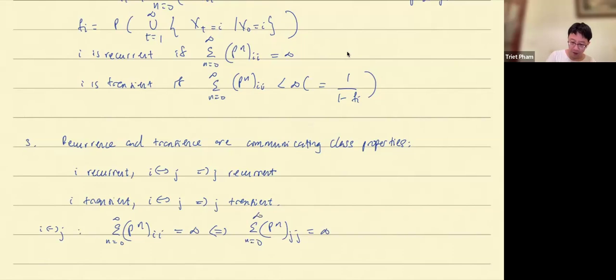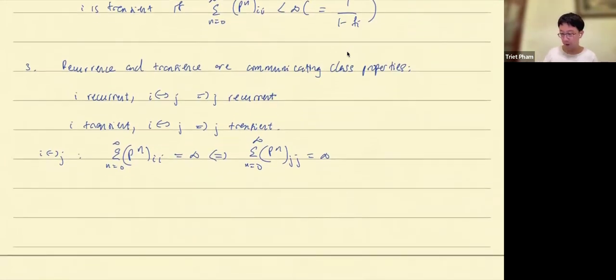Of course, because it's if and only if, if it's finite here, it's finite there. This property, which is very important for our analysis of Markov chains, relies on this way of characterizing a recurrent or transient state. Any question?